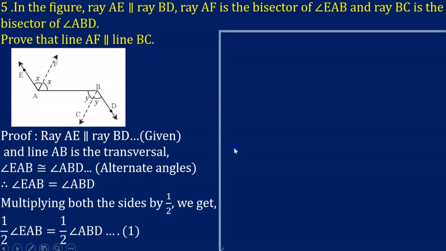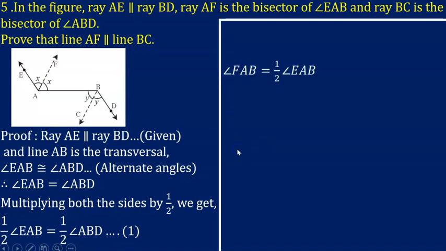If we take their half, then what will we get? As AF is their bisector, therefore measure of angle FAB is equal to 1 upon 2 measure of angle EAB. This is the second one, as ray AF is the bisector of angle EAB.